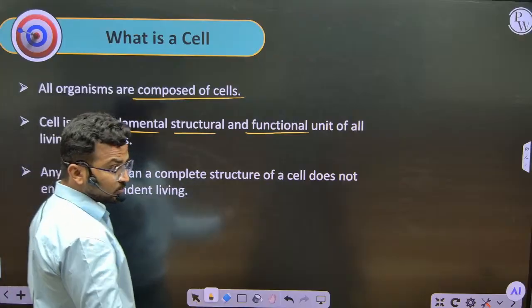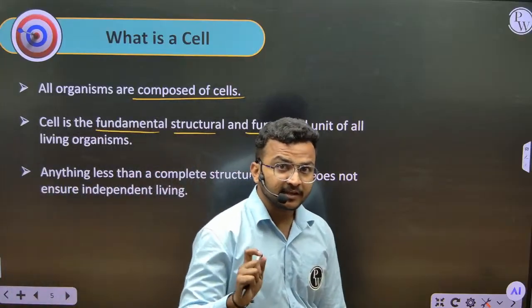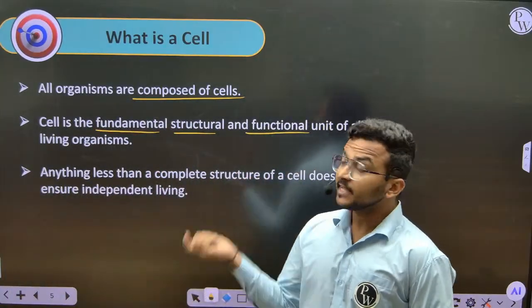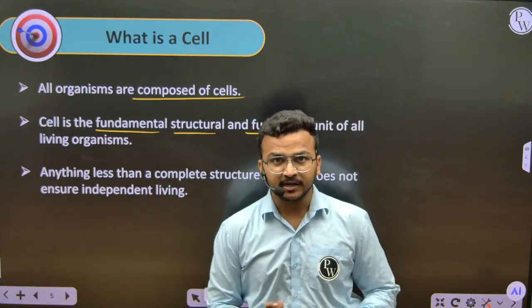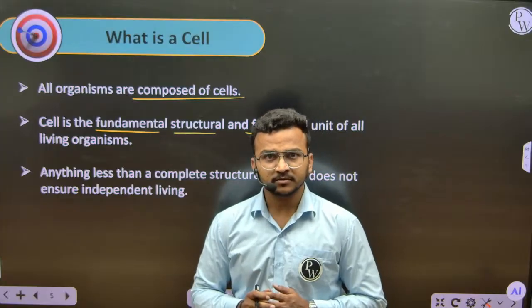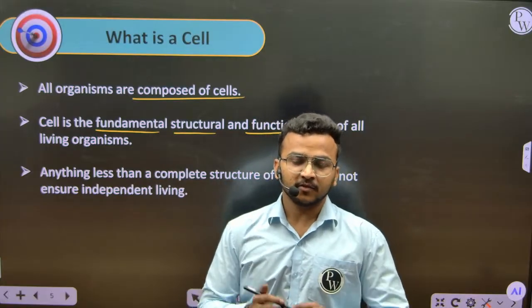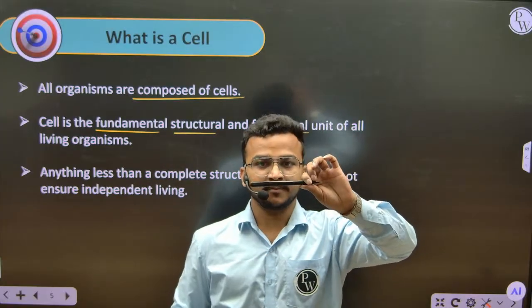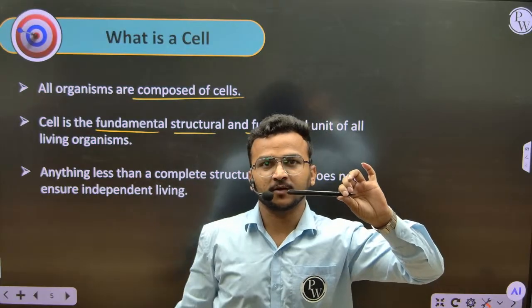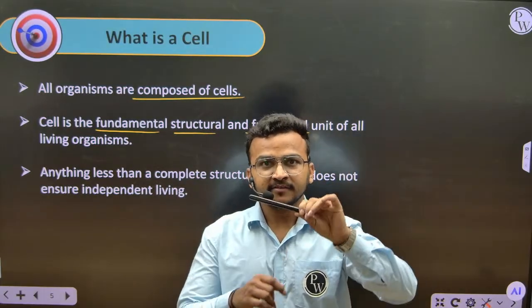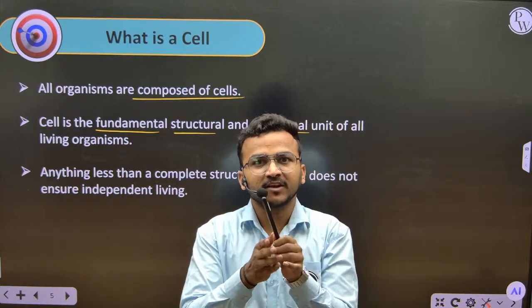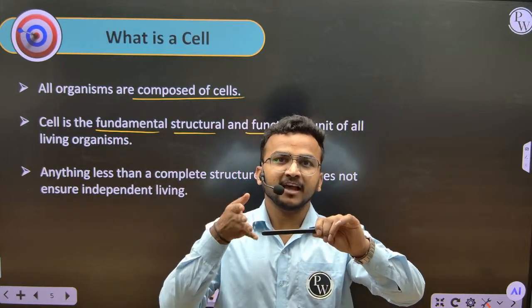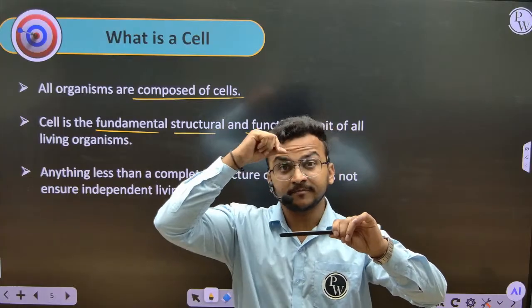And there is one more statement saying that anything less than a complete structure of a cell does not endure independent living. That is true also. If upon this pen there is some virus, viruses don't have a proper cellular structure, so we cannot call a virus an organism if it is present on the object.